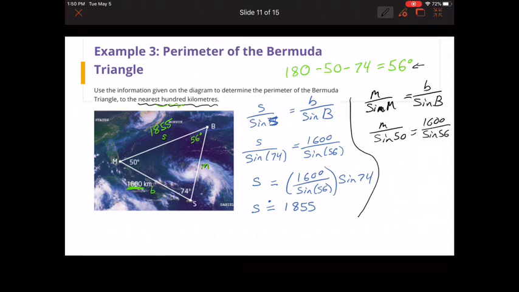So again, I need to move across what's underneath the formula, or what's underneath what I want to do. So I have to multiply both sides by sine 50 to get rid of it. On the left-hand side, put all of that into my calculator.